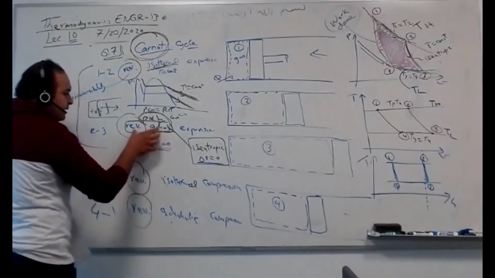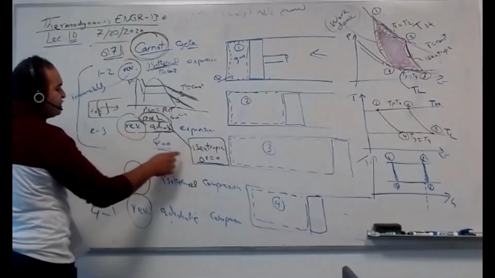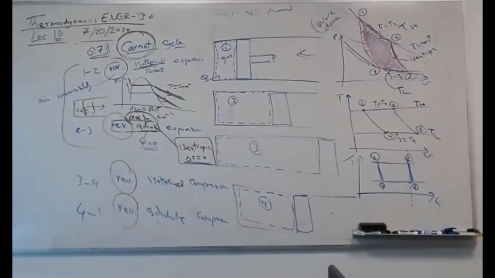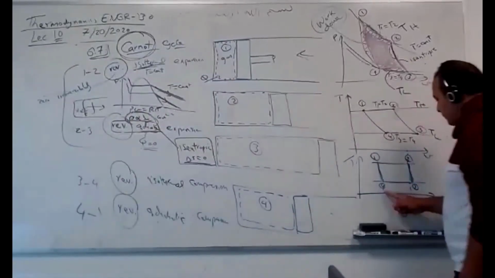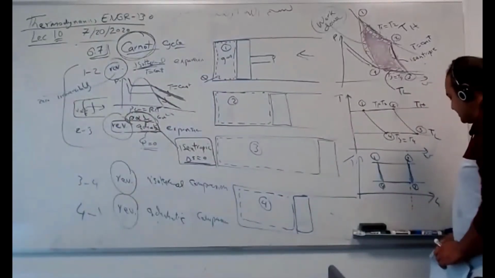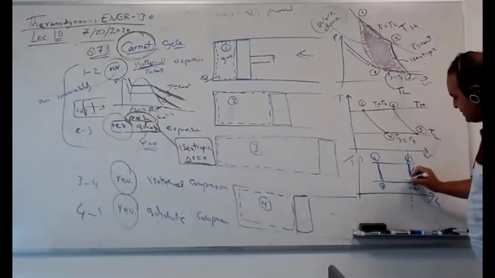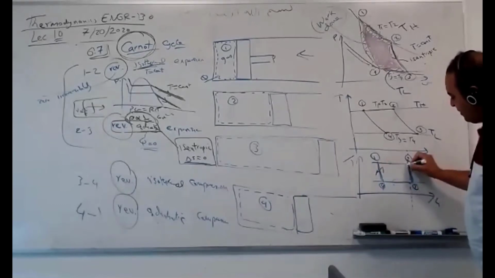Reversible adiabatic, there is no heat and it's reversible. It means there is no change in entropy. Just for now, make delta S equal 0. That's why, if you plot the TS diagram, between 2, 3 or 4, 1, you have constant S. So this process and this process going upward are both isentropic.